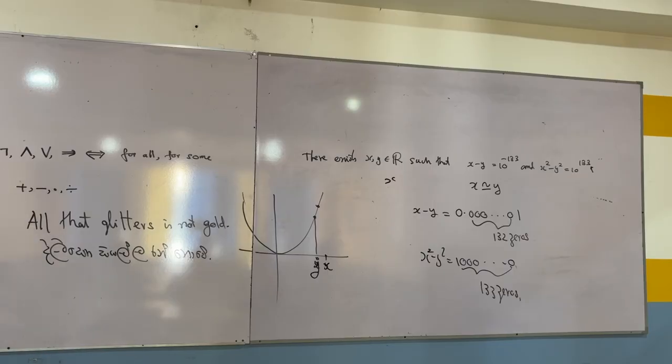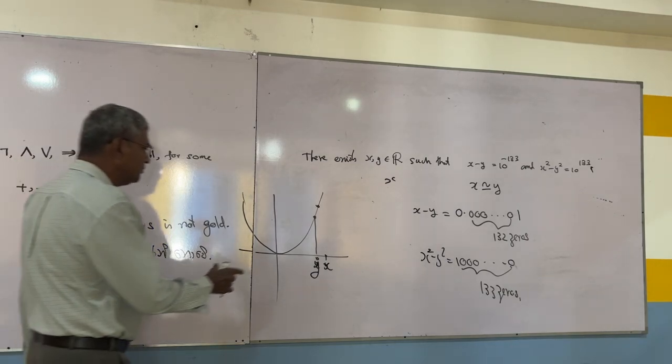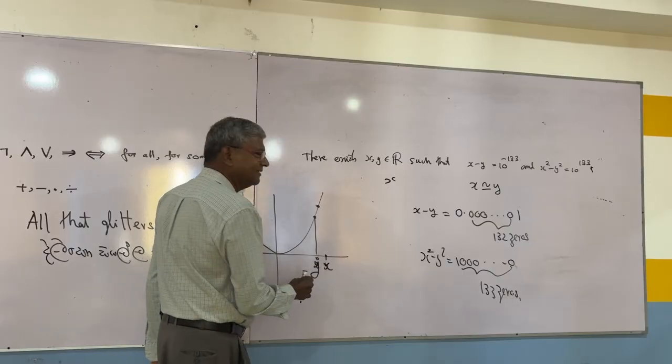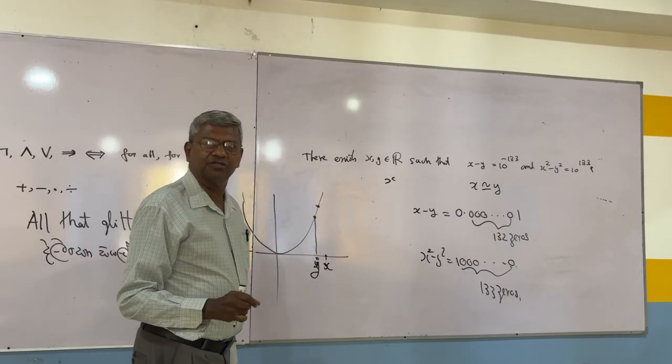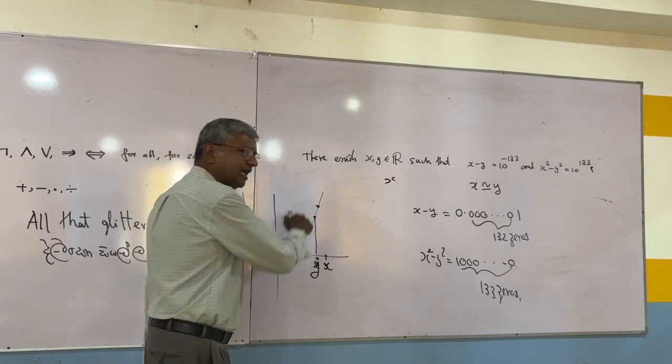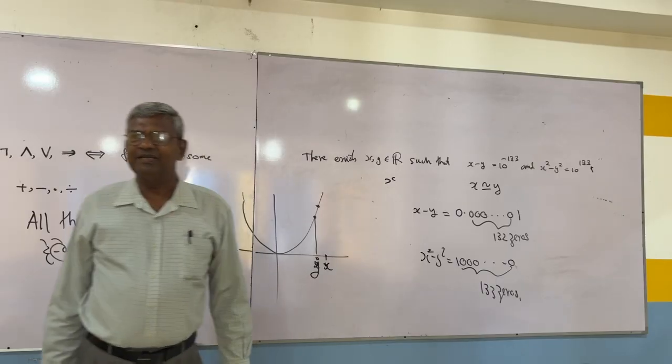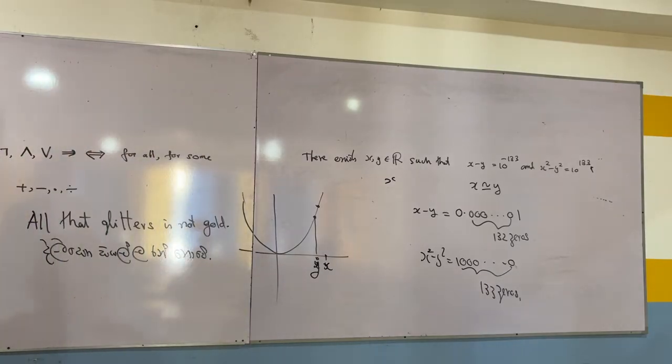What we do is give a very wrong impression about the graph of y equals x squared. According to the graph, if some two numbers are very, very close, their squares are also terribly close.